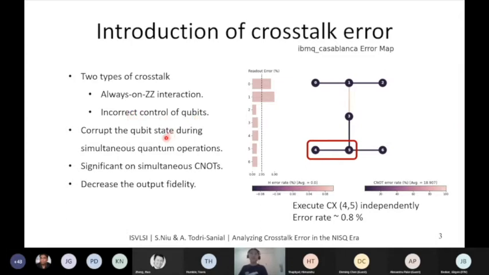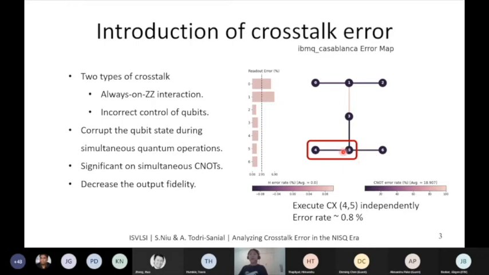As I mentioned before, the crosstalk can corrupt the qubit state during simultaneous quantum operations. Even though the crosstalk exists between simultaneous single qubit operations, it is only significant on simultaneous CNOTs. Therefore, in our work, we only focus on the simultaneous CNOTs.